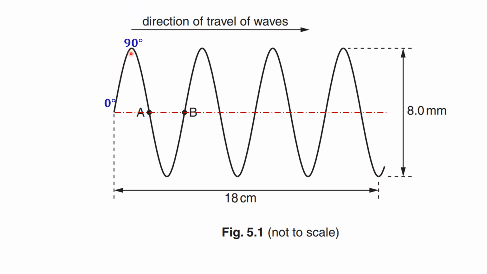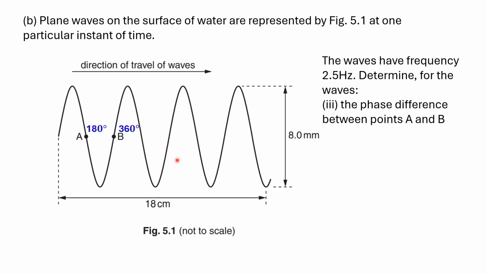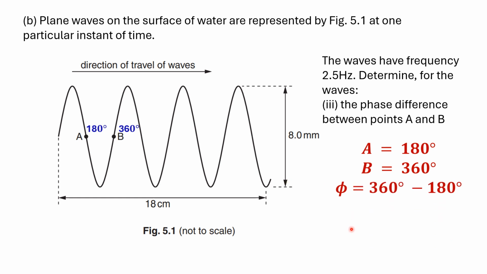So here is 90 degrees, here is 180 degrees, here is 270 degrees, and here is 360 degrees. So point A is at 180, point B is at 360. So the phase difference, represented by this Greek letter, is 360 minus 180. So the result is 180 degrees.